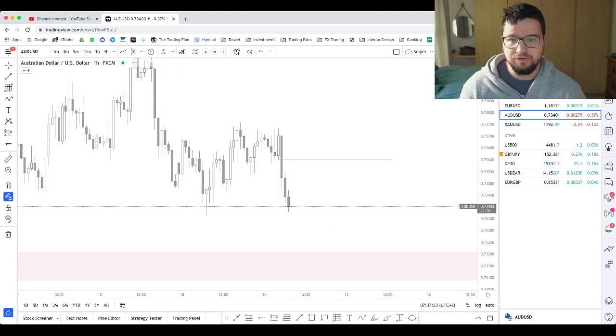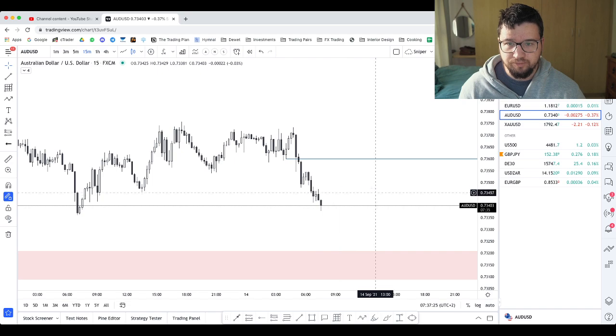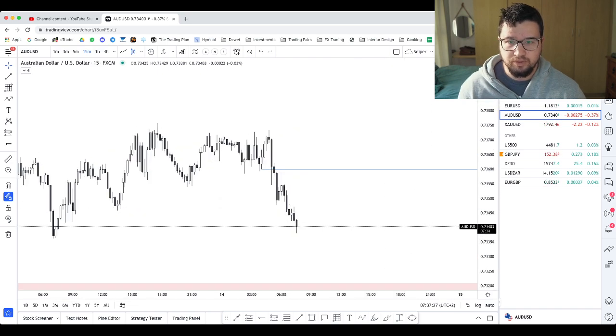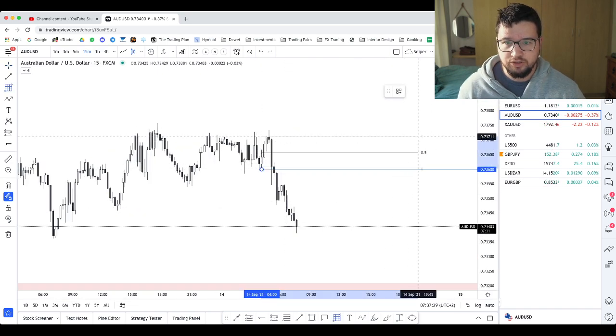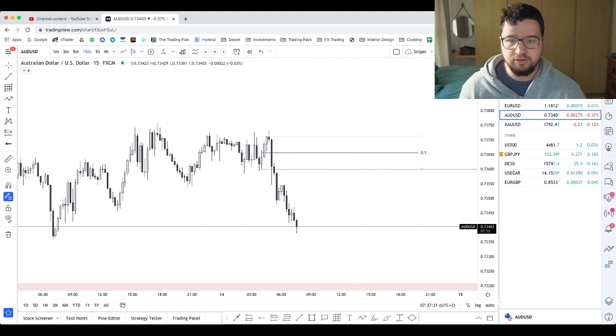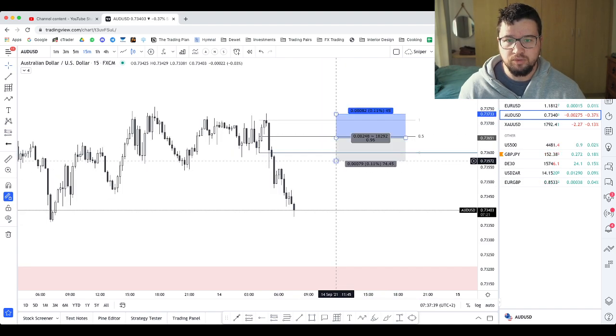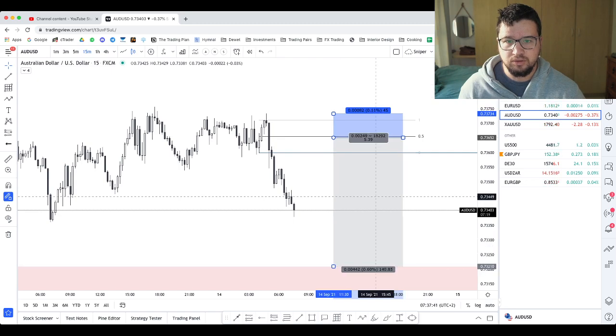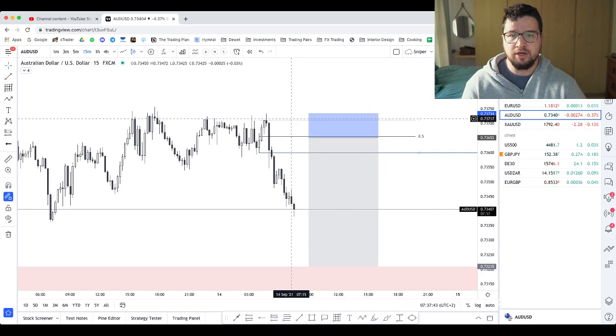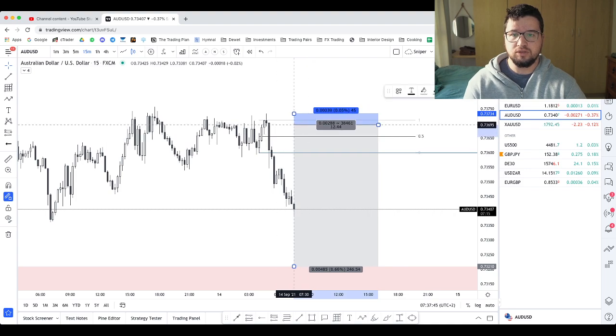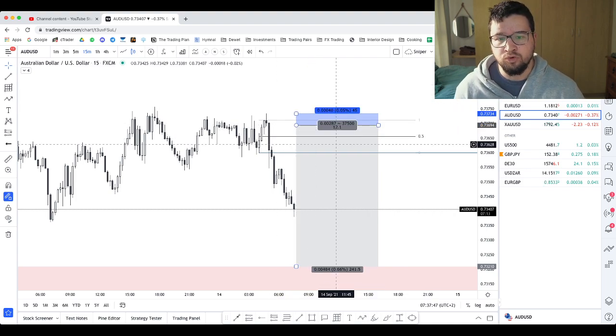If we look at the 15-minute, this area looks good, 50%. So just something like this, I would say. It's a bit of a wider stop loss, but we can potentially narrow it down towards that candle, make it a 4 pip stop loss.